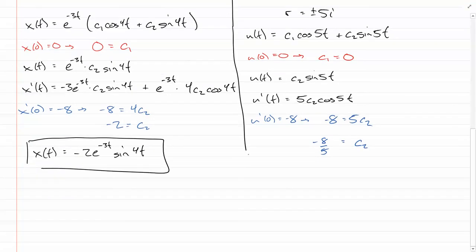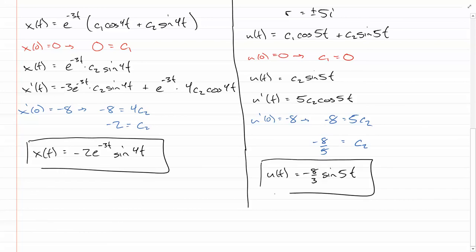So what we actually have is that u of t is -8/5 sine of 5t. So here's what the mass does with no damping. Here's what the mass does with damping. Let's graph those two functions just to compare them.